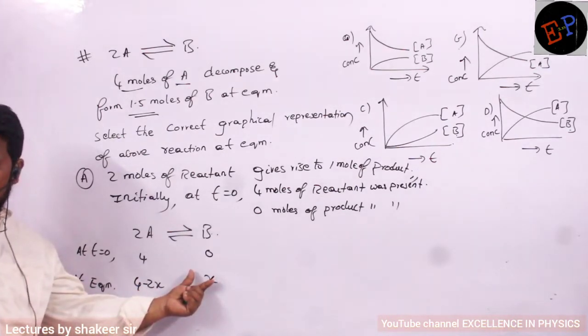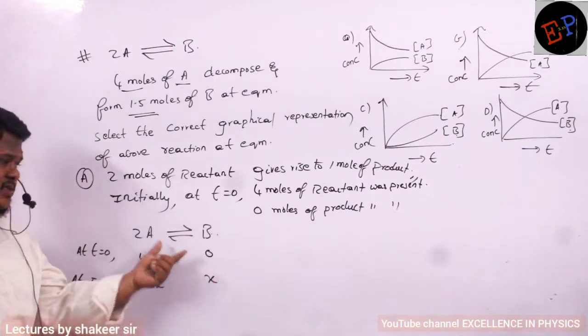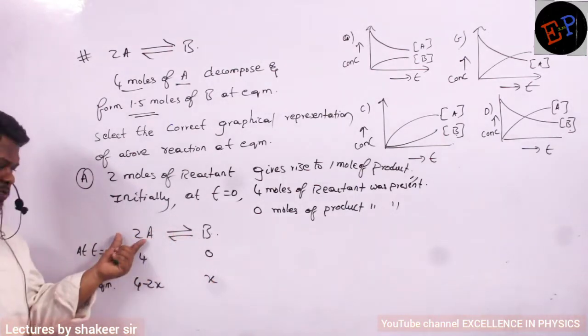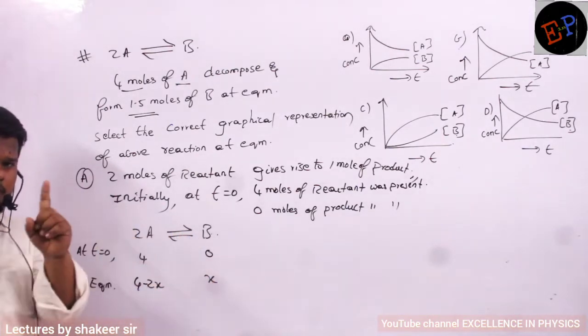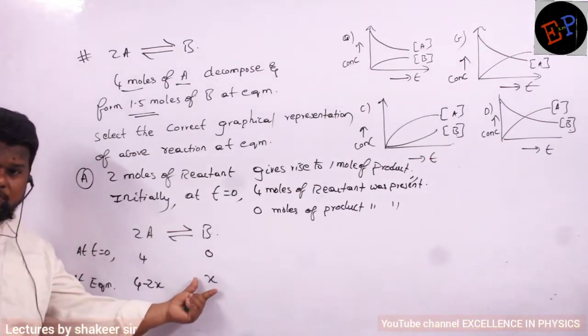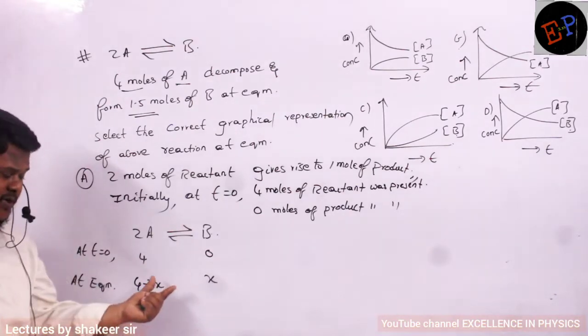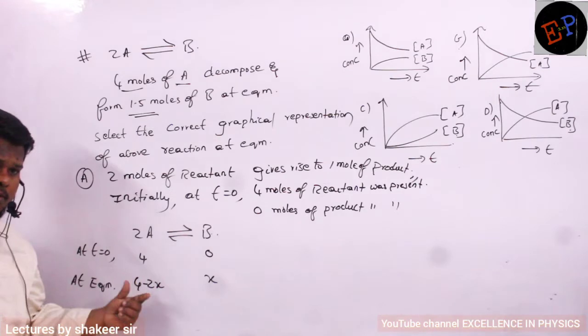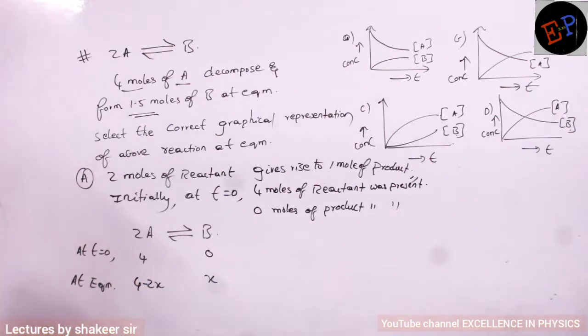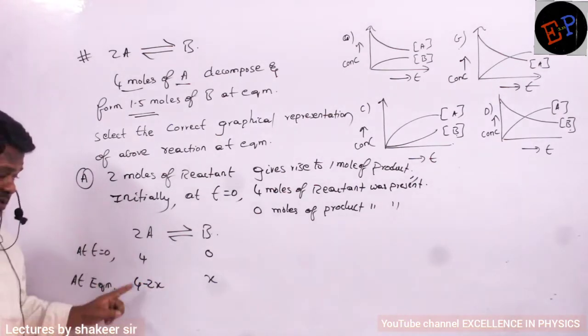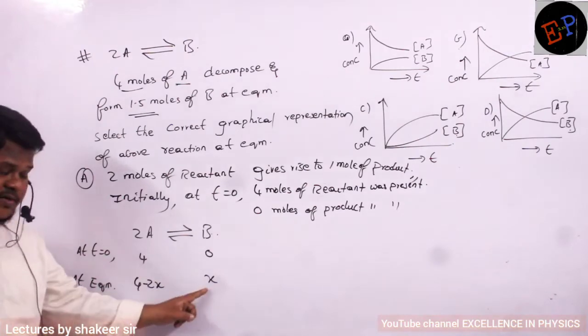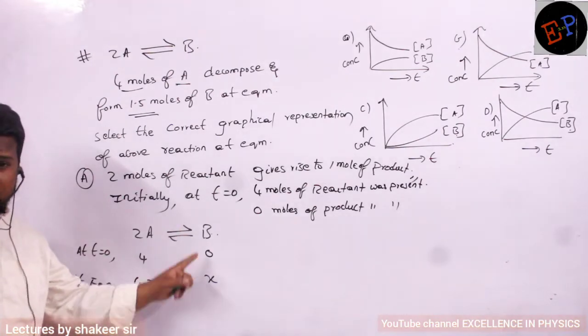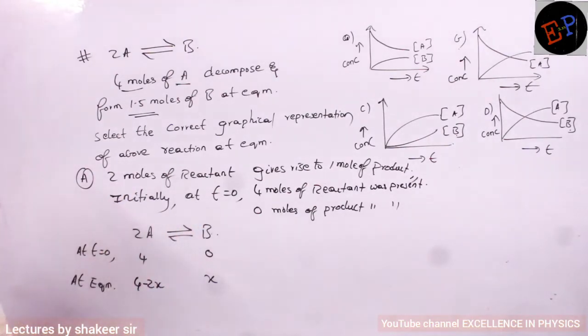How can you say it is correct? Because that is the reaction which is given. 2 moles of reactant will give rise to 1 mole of product. So x moles of product was formed. Then how many moles of reactant should disappear? 2x moles. Satisfied, no? So 4 minus 2x is the present number of moles now, and x is the present number of moles in product. Are you able to understand what is happening?